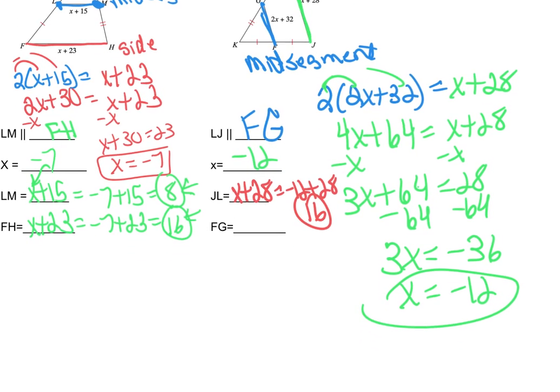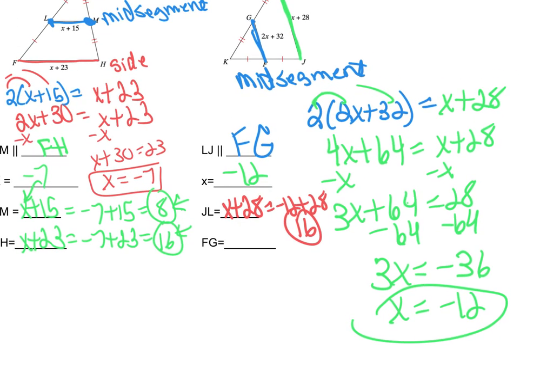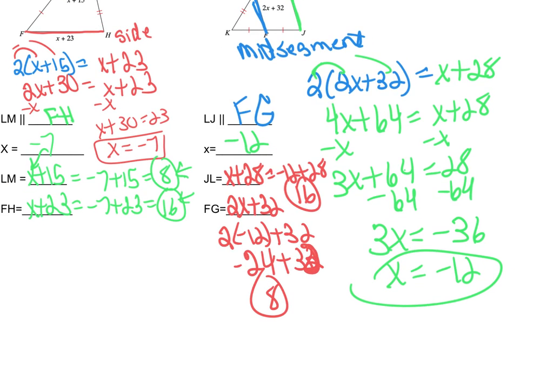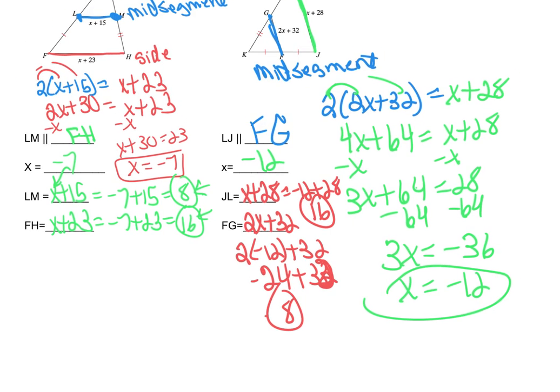And then FG is 2x plus 32, so we would have 2 times negative 12 plus 32, which would be negative 24 plus 32, which equals 8. And again, that makes sense because it takes 2 of our midsegments. 8 times 2 is 16, so we can check and make sure that we are correct.